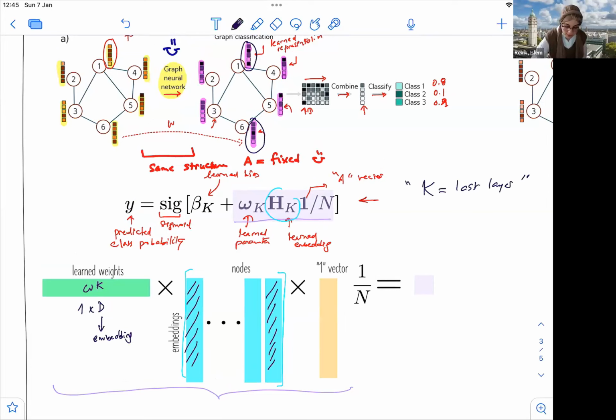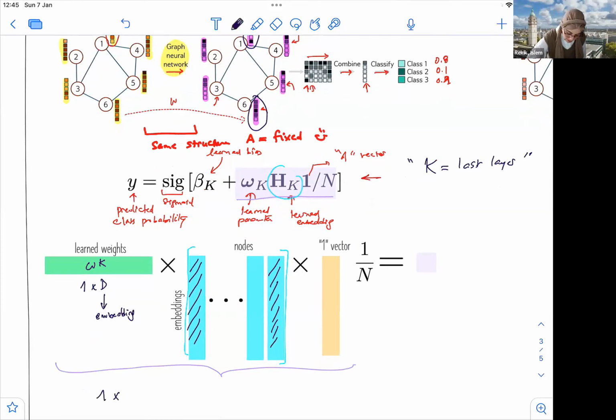We can remove the K completely if you want, but let's keep it there, I don't find it annoying. Now we multiply. What is the size of this matrix? First we have a 1 times D vector. We have D times N, where N is the number of samples.